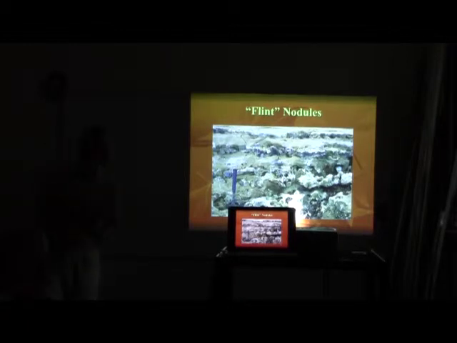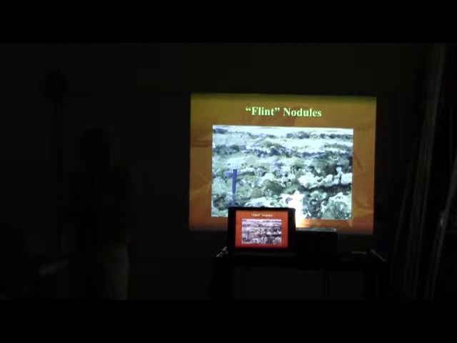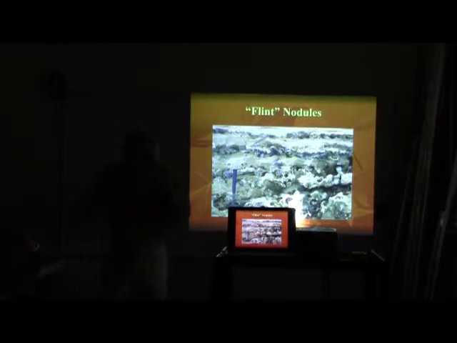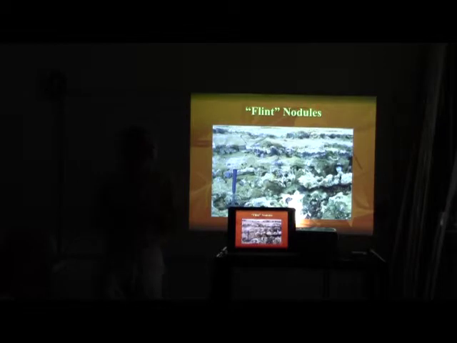Some of the chert, like in this case, appears to replace burrow structures. So slight differences in the characteristics of the original rock or sediment, maybe its porosity and permeability, resulted in preferential alteration of the burrows as opposed to the rest of the limestone.